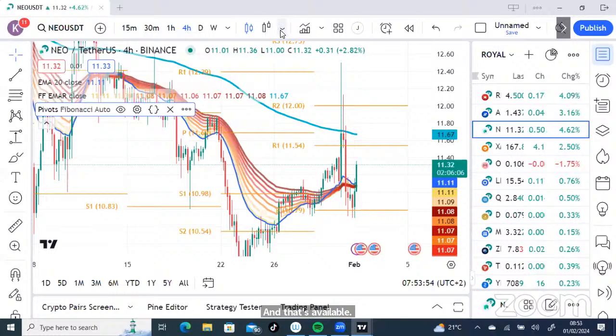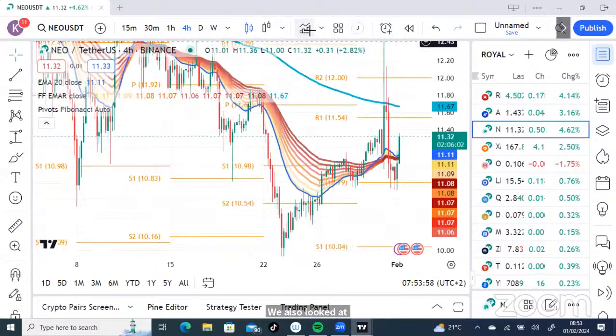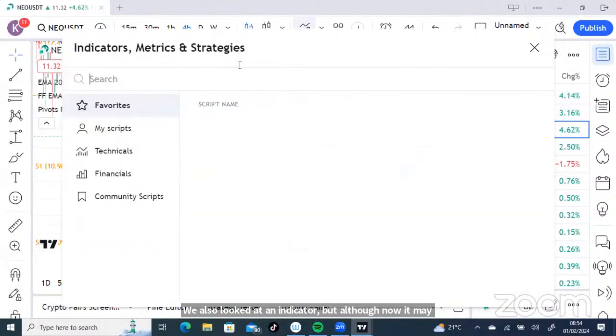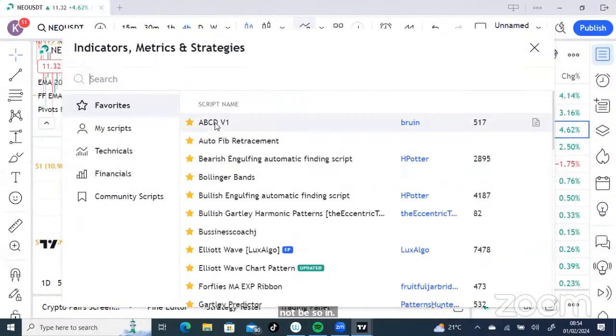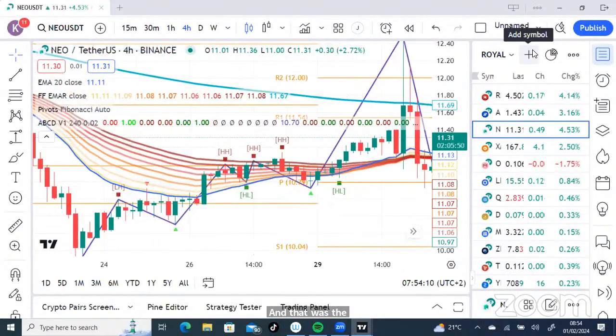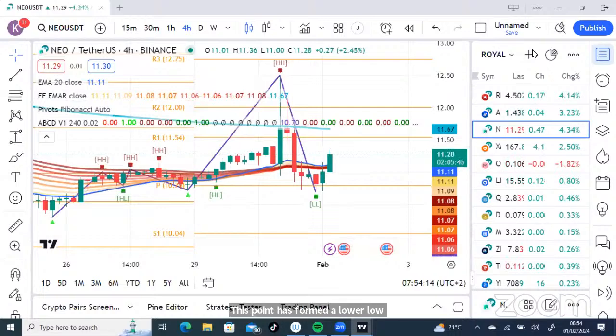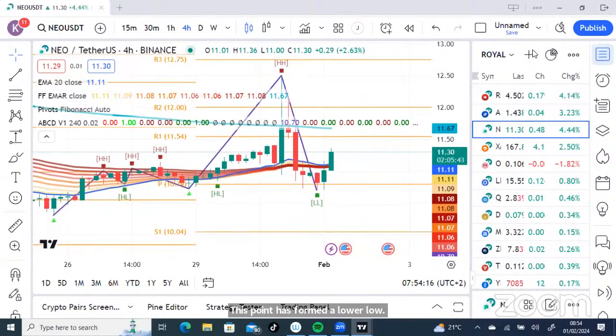We also looked at an indicator, although now it may not be so key, and that was the ABCD V1. This coin has formed a lower low, which means it has formed a lowest trend in the market.